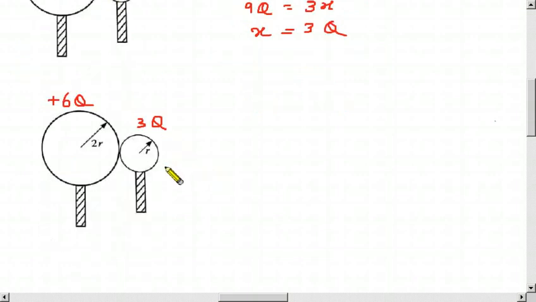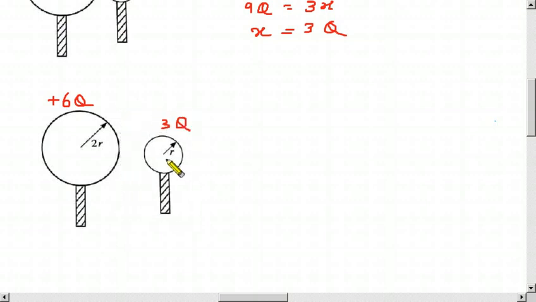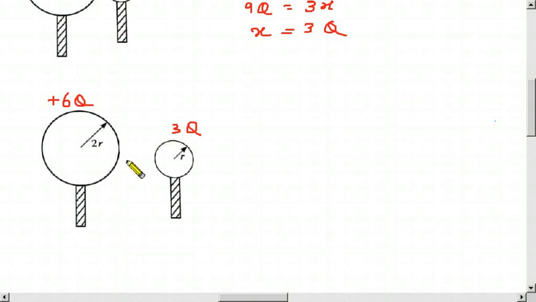Now they separate this one to a distance of surface to surface r. So the center to center distance is 4r, because here 2r, r, 4r.